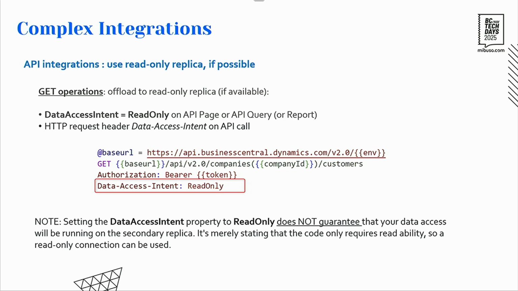If you're on-prem, you know if you have a read-only replica. In the online, you don't know it, because it depends on how you have been scaled up. If the database of your environment has been scaled up from general purpose to business critical, it comes with an additional read-only replica where you can offload all your reads of this kind of object.